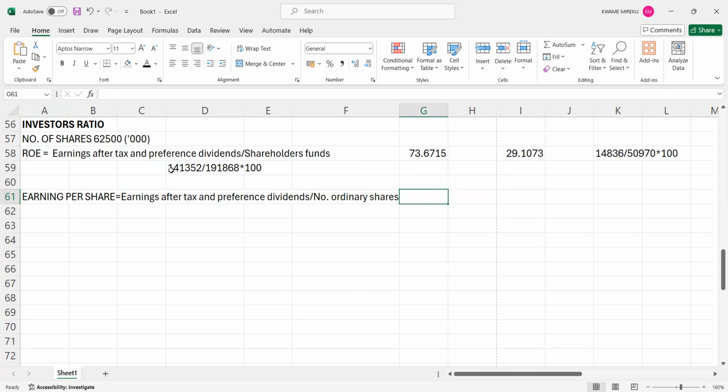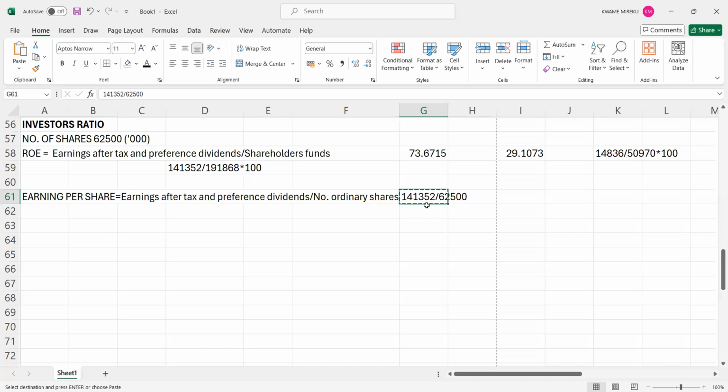So the earnings, we know the earnings here already, right? So this is divided by the number of shares, and the number of shares is 62,500.